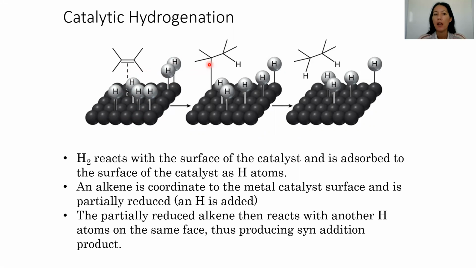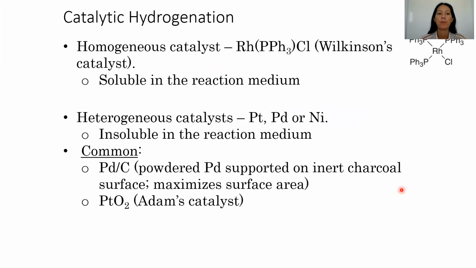It can break this alkene double bond and affix one part of the carbon to the metal, and then you can deliver one and then eventually two hydrogens. So overall, a catalyst is very commonly used to carry out this reaction.